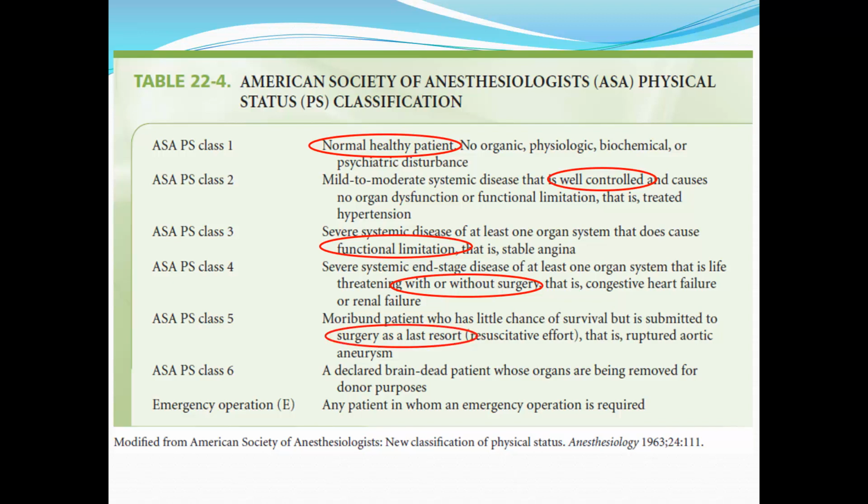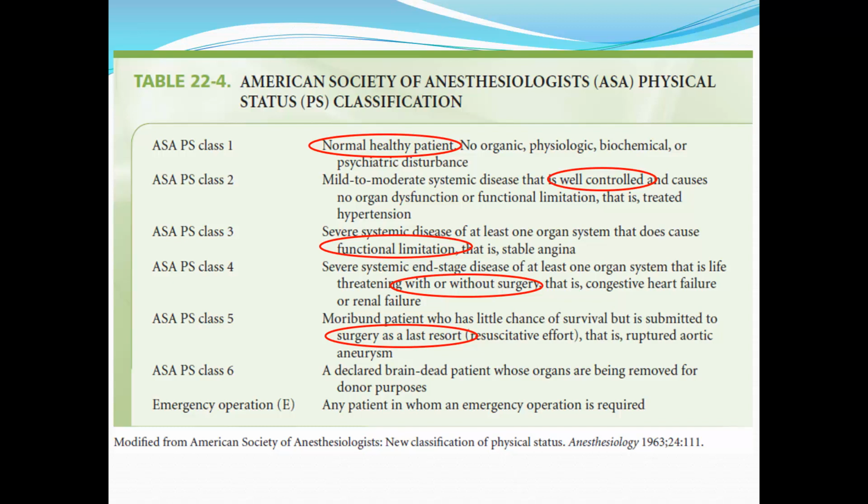Now, ASA 5 is a little bit different. For ASA 1 to 4, the condition that the patient has for surgery doesn't come into play. Like somebody has a renal cancer, but is otherwise healthy. That patient can be considered ASA 1. But when it comes to ASA 5, that's a patient that needs an operation immediately or the patient will die.